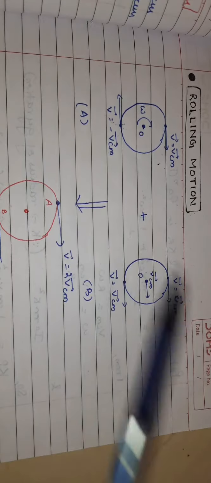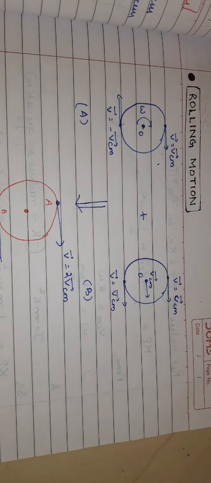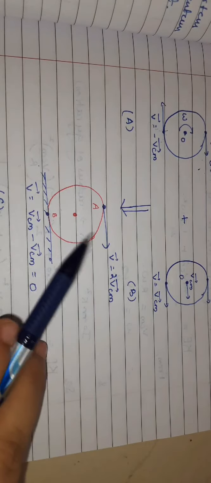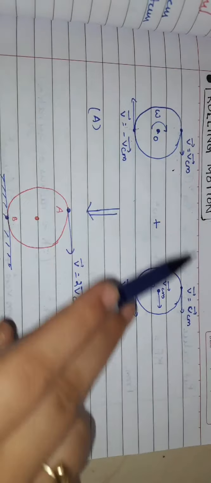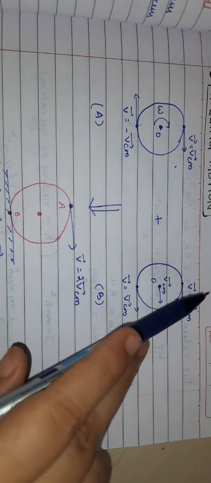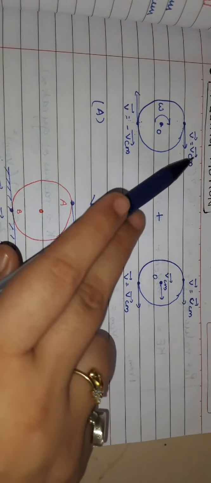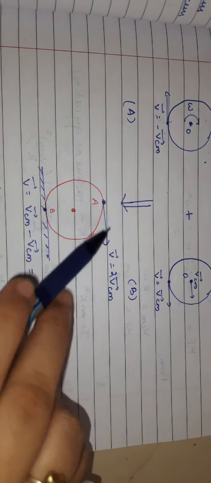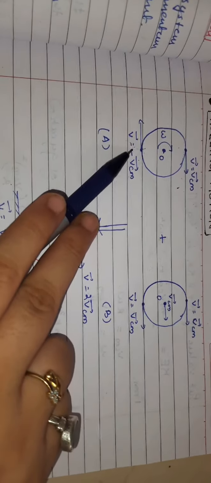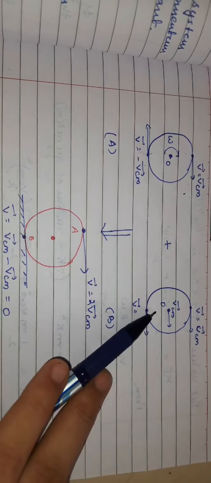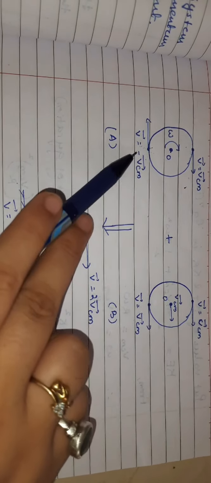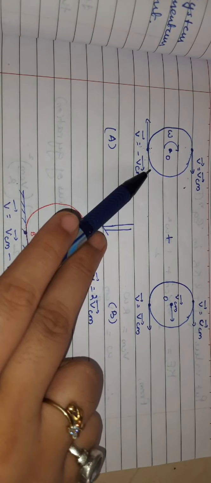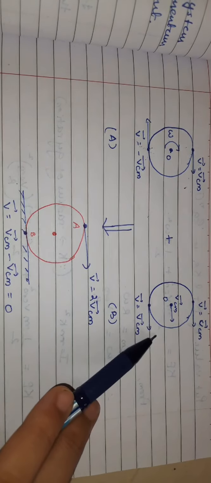If we combine both diagrams together, what do we see? For the top point, if I combine both velocities, it gives VCM plus VCM, that is 2 VCM. But for the particle at the bottom of this object, this is minus VCM and this is a positive VCM.